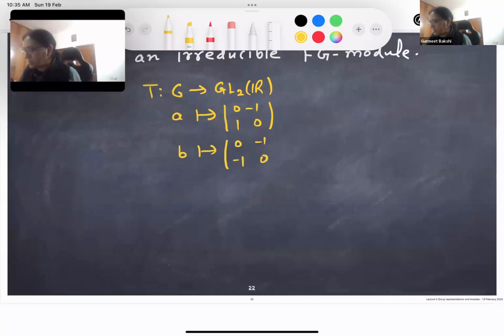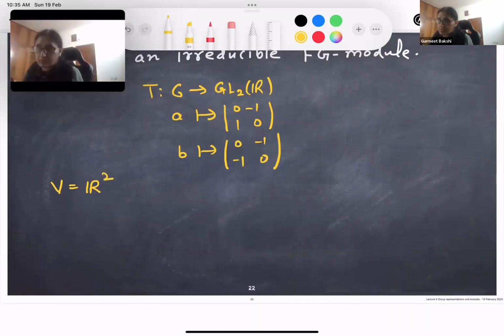So this is on the diagonal. B is going to the projection along the diagonal, and A is going to the rotation through 90 degrees of R2. And we saw that this is a linear transformation, a representation of G. And now what is the module you are going to get? V will be your R2, R cross R. And just now we saw how to regard V as an RG module.